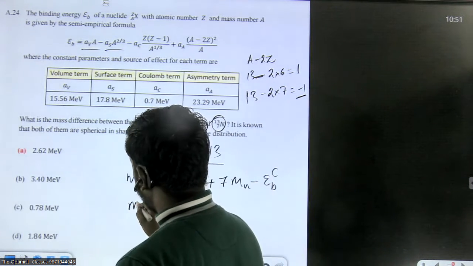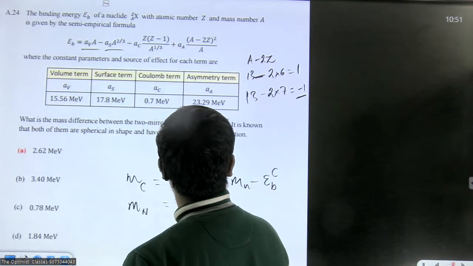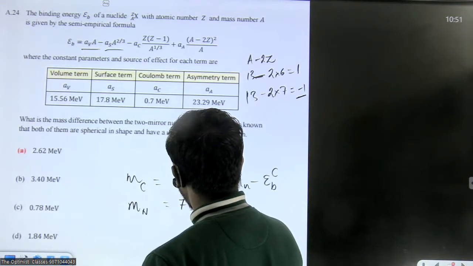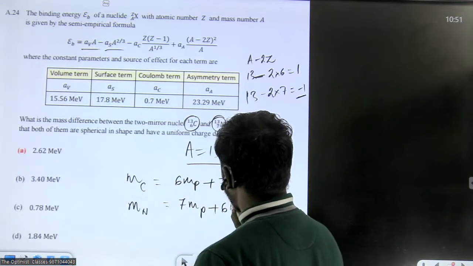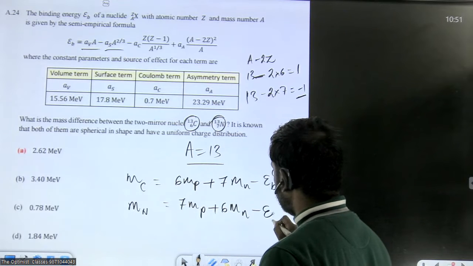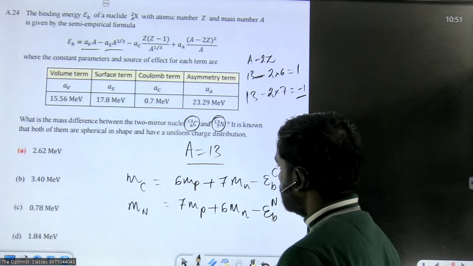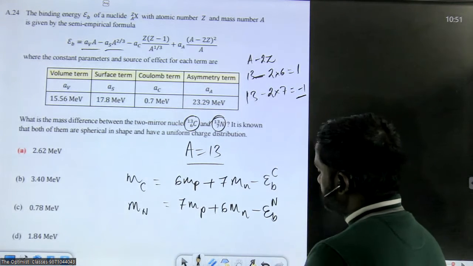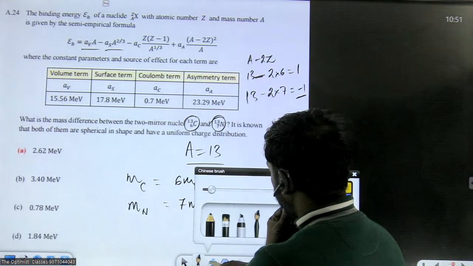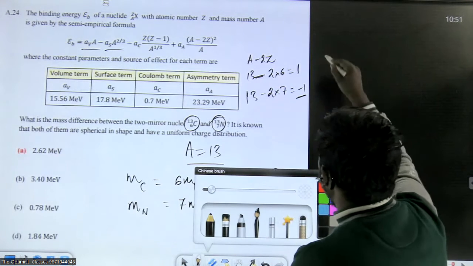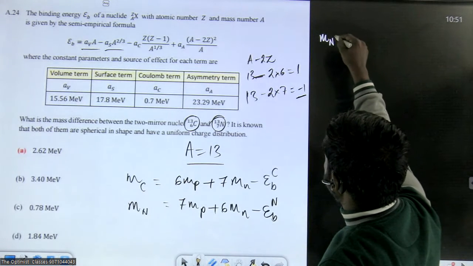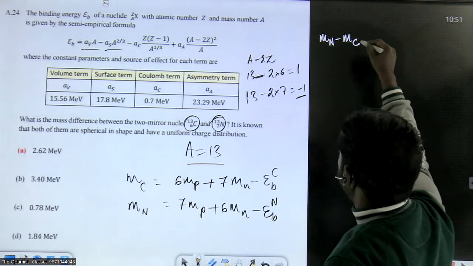Now if we write the mass of nitrogen, for nitrogen we have 7 protons and 6 neutrons, minus the binding energy of nitrogen. Let us take the difference of the two. We will calculate the mass of nitrogen minus the mass of carbon.